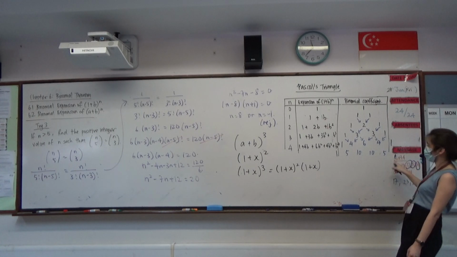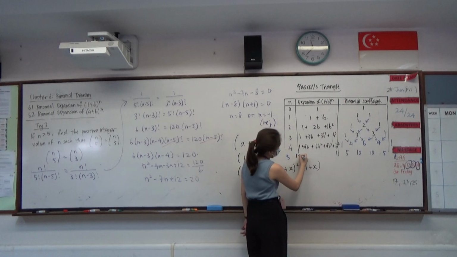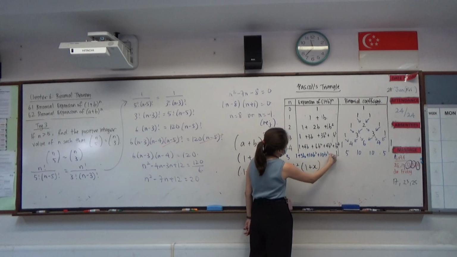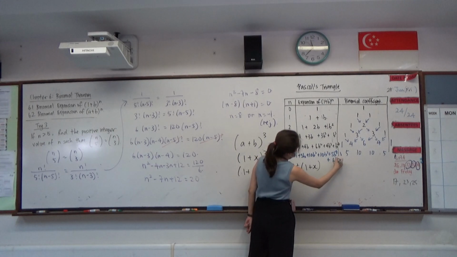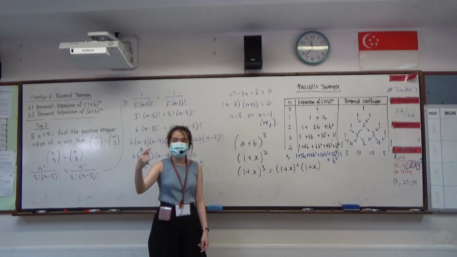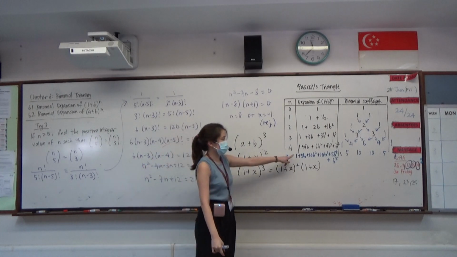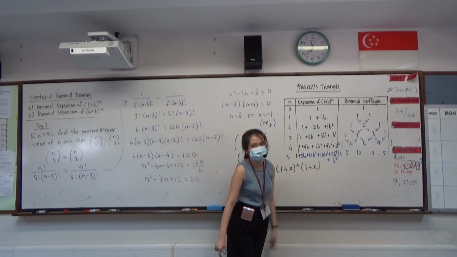So power of 5 is actually 1 plus 5b plus 10b squared plus 10b cubed plus 5b to the power of 4, then plus b to the power of 5. You see that the terms are increasing powers of b, starting from b to the power of 0 all the way to b to the power of 5.